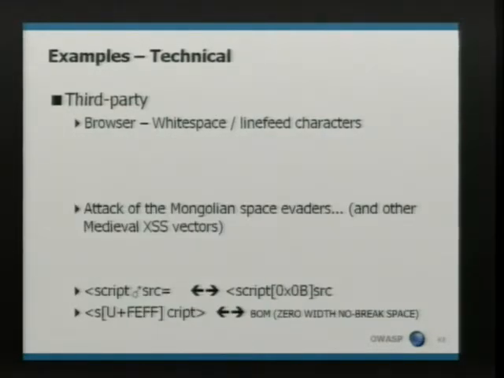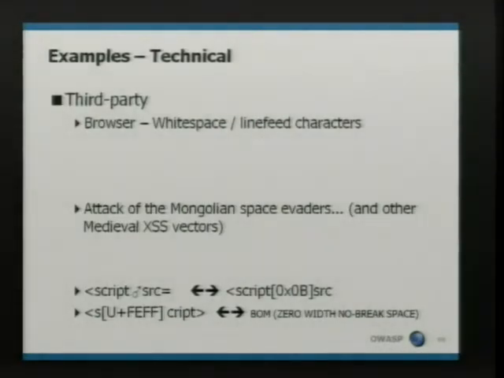And this was done also by Chris Weber, and I think it was 1 or 2 weeks before he posted his result on Full Disclosure. The subject was "Attack of the Mongolian Space Invaders and other medieval cross-site scripting vectors."